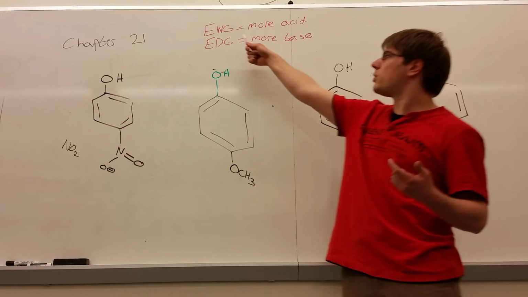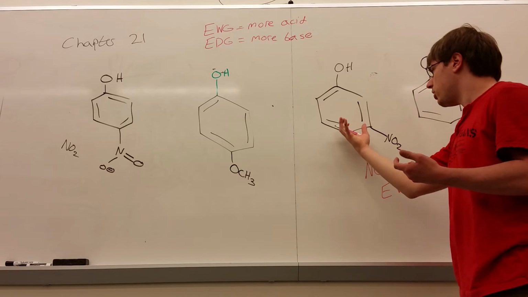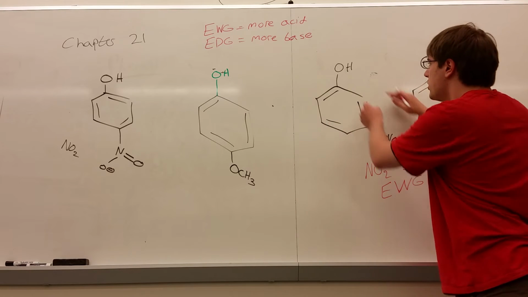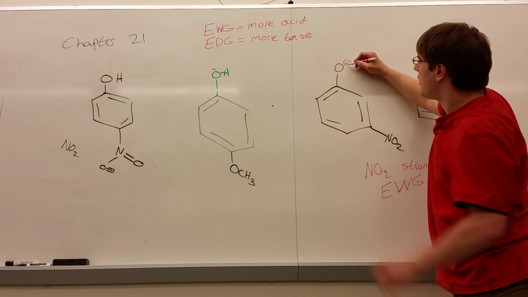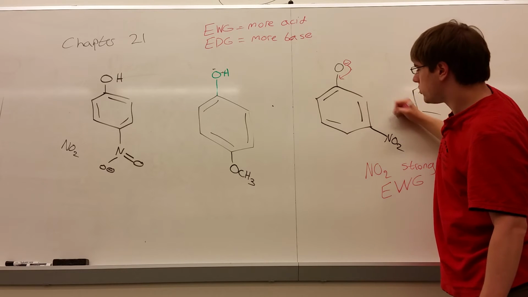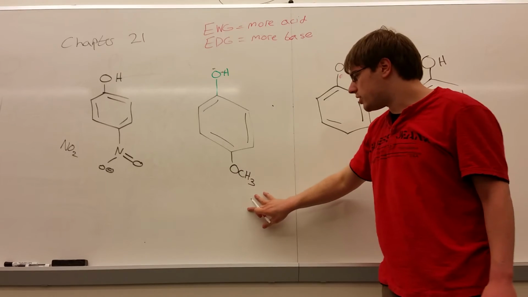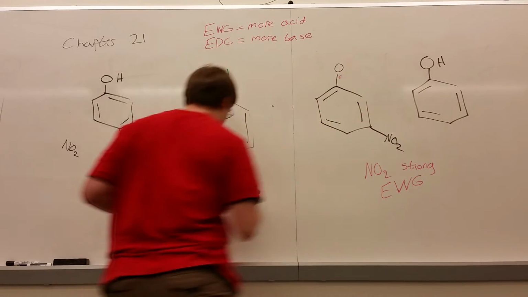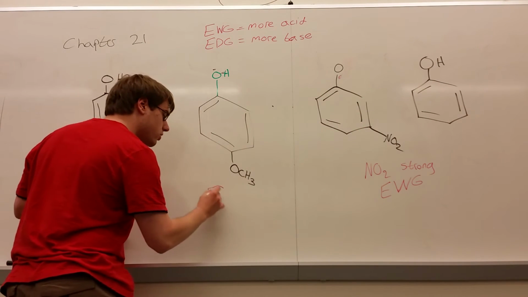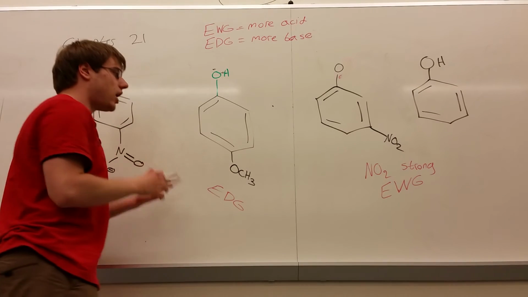because we said electron withdrawing groups make things more acidic. They're pulling electrons towards the nitrogen, so when this becomes O-, those electrons have somewhere they want to go, towards the nitrogen. OCH3 is a decent electron donating group. So this will have the opposite effect.